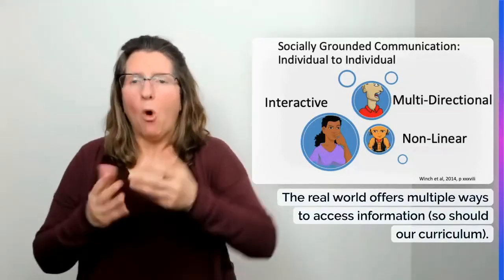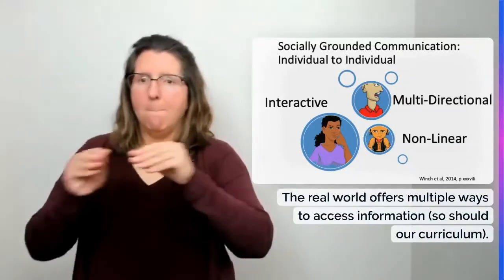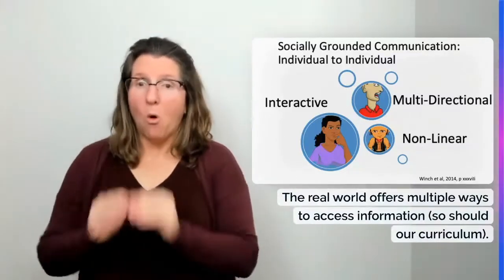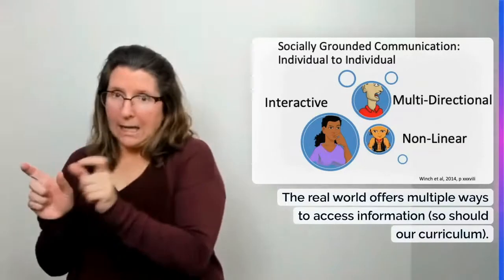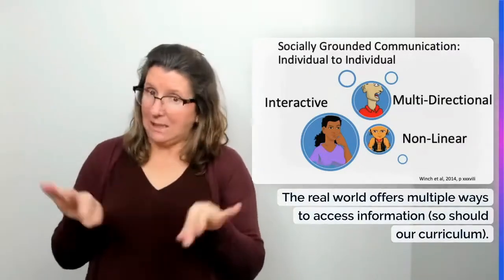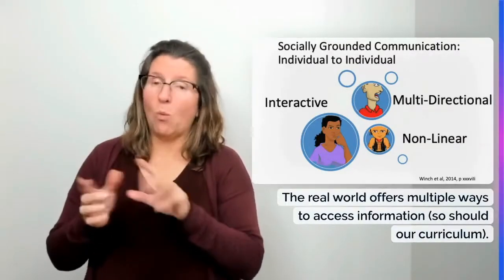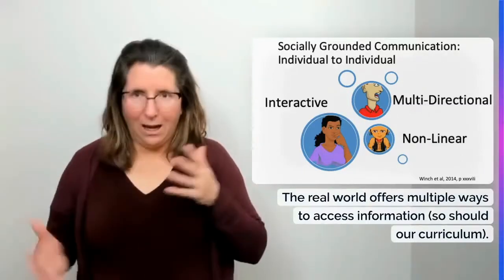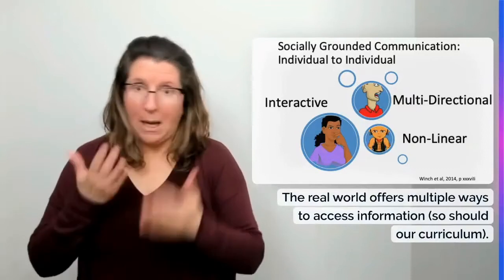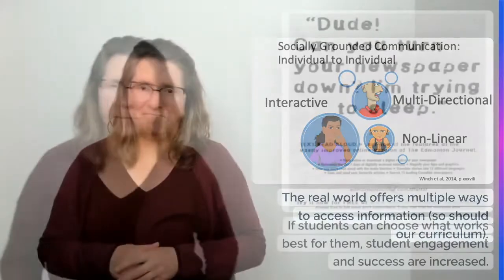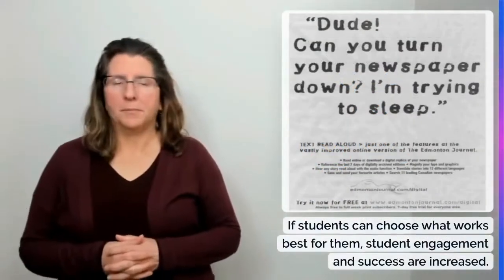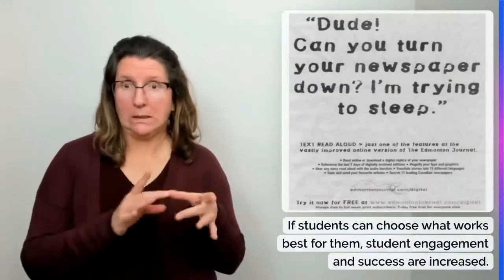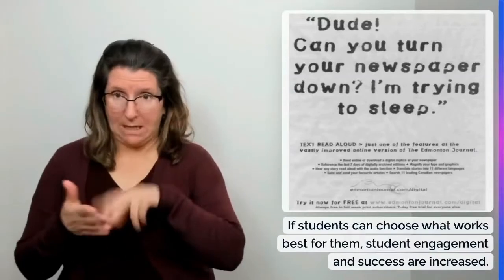The outside world has become far more interactive, multidirectional, and increasingly nonlinear. So indeed, the world is changing. This is a far cry from the world I grew up in, but maybe not so different for you. Today, we have many more options in how we engage in our reading.